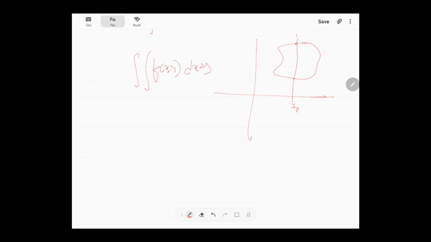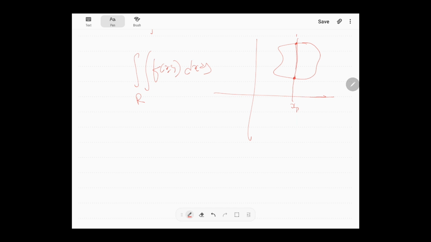Such a region we call a simple region. I am evaluating the double integral over a simple region. If I give x is equal to xp, this line is cutting this region at 2 points. So this is one point and this is another point.